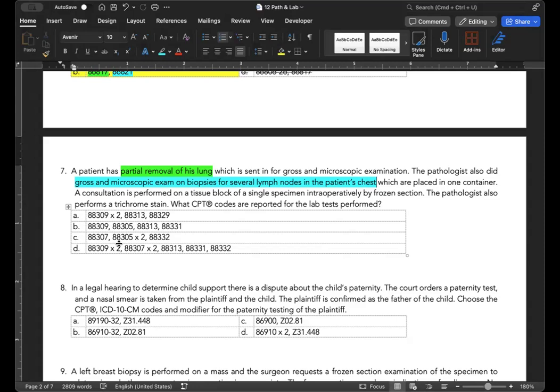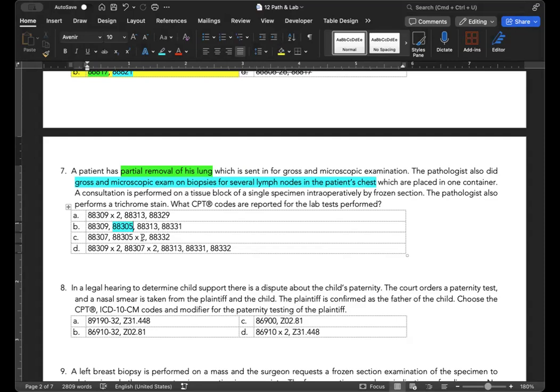It's just a matter of how much of it we took, if it was a total resection or if it was a biopsy. Does that part make sense? And it was just a biopsy, so it's going to be the 5. It's going to be the 5 for the gross and microscopic exam for lymph nodes, for the biopsies of the lymph node.